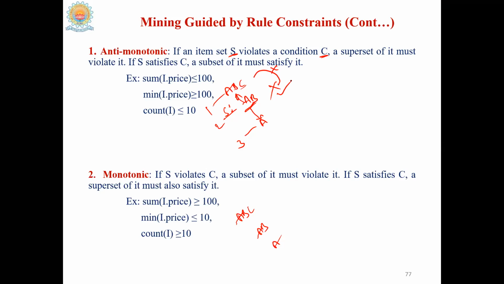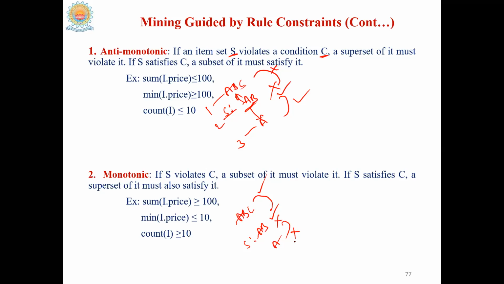If an item set obeys the condition, then its subset must also satisfy the condition. This is the anti-monotonic property. Coming to the monotonic property, if an item set satisfies the condition, its superset must satisfy the condition. If an item set does not satisfy the condition, its subset should not satisfy the condition.